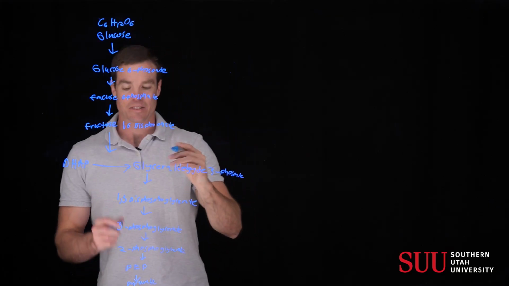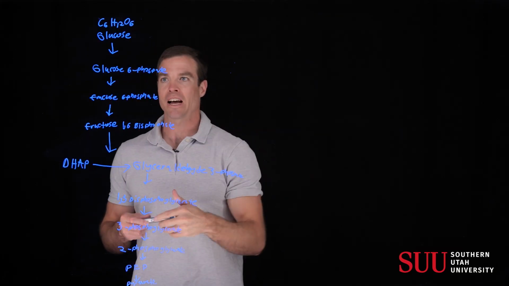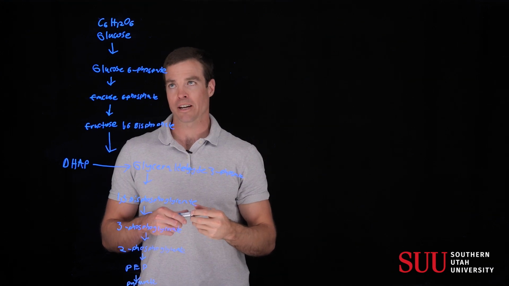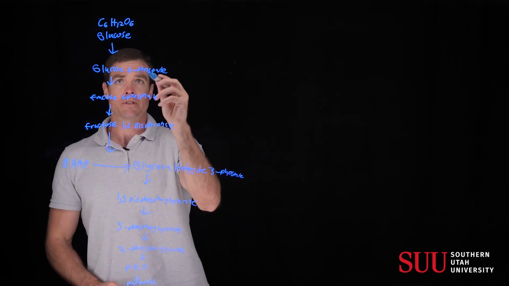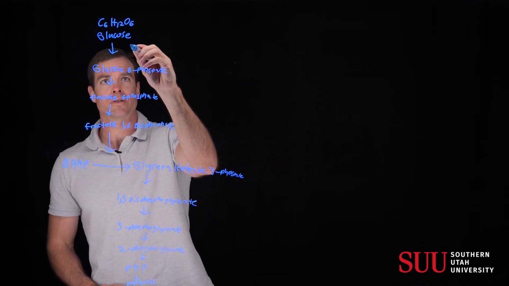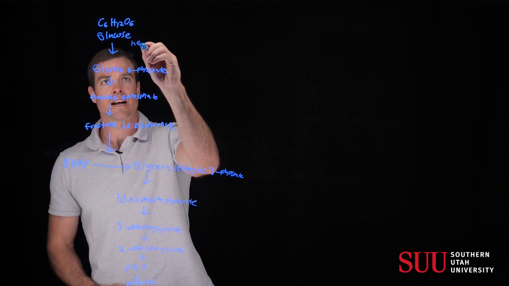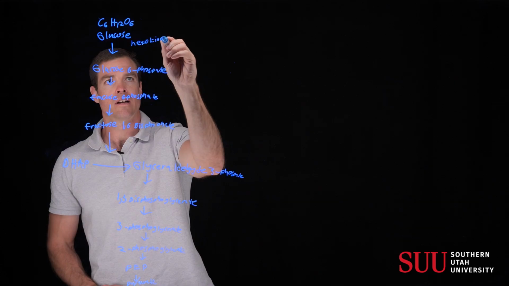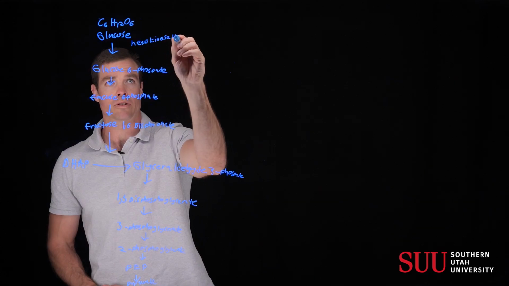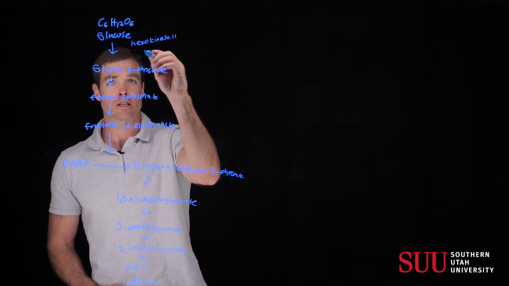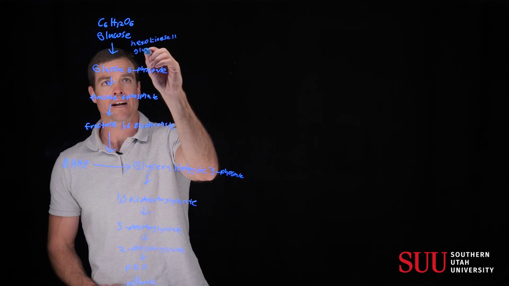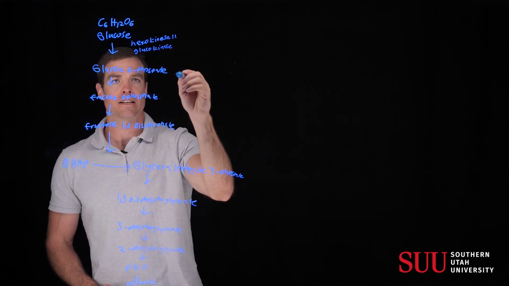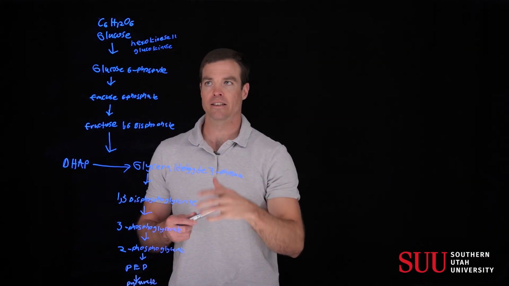Okay, so let's talk about this pathway and some of the key regulatory enzymes that are important for this, all right? So when it comes to glucose, your first enzyme that's doing this, we call this hexokinase. And this is going to be in the muscle, specifically hexokinase 2. There's also hexokinase 4, which we call glucokinase, and that is in the liver.